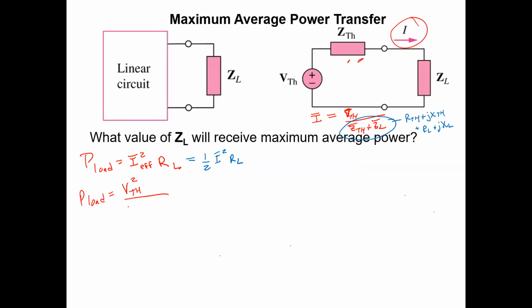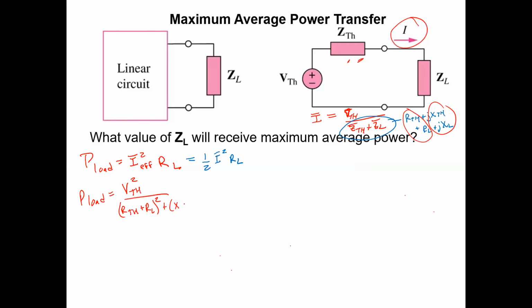So we're squaring basically I bar, V Thevenin over Z Thevenin, which is going to be R Thevenin plus... so we group the real and imaginary parts here. We group these guys, we group these guys, so it's going to be R Thevenin plus RL squared plus X Thevenin plus XL squared.